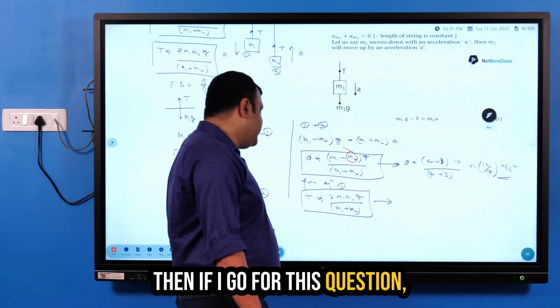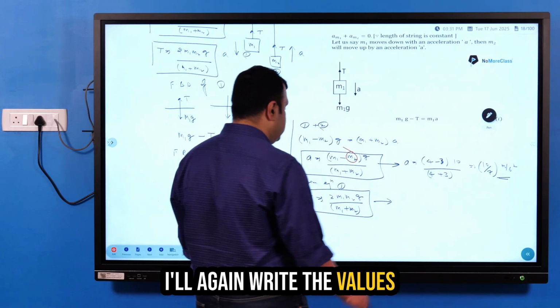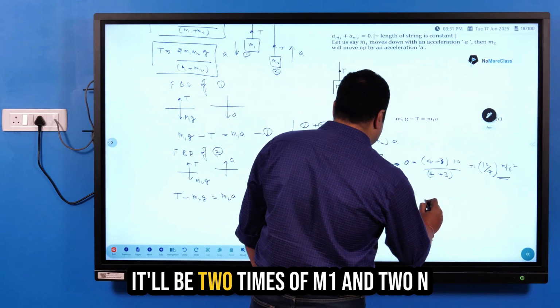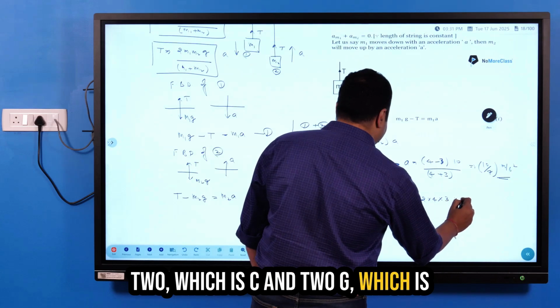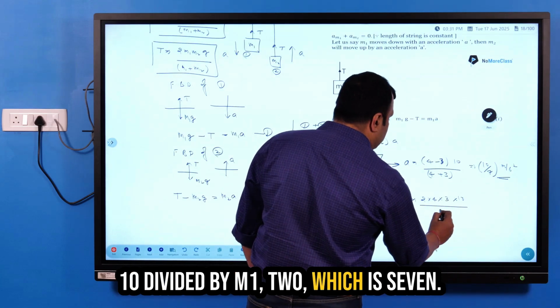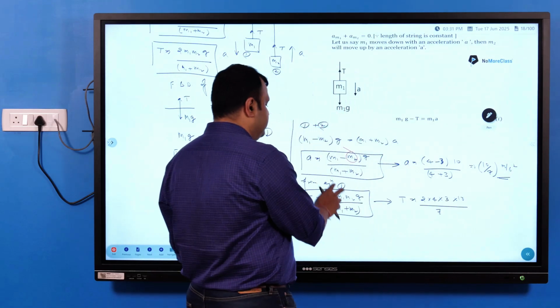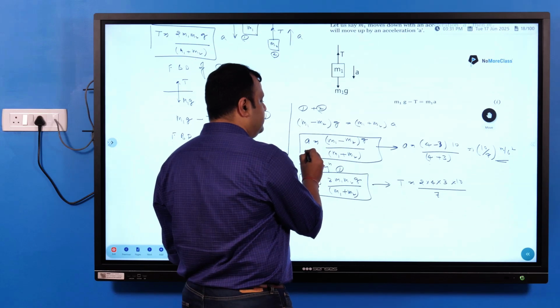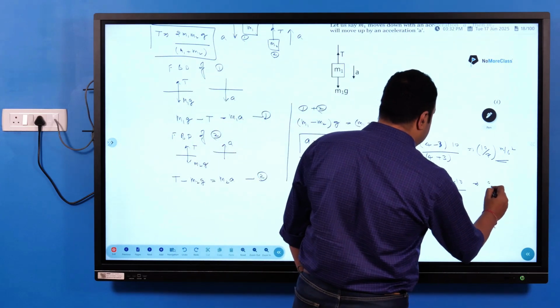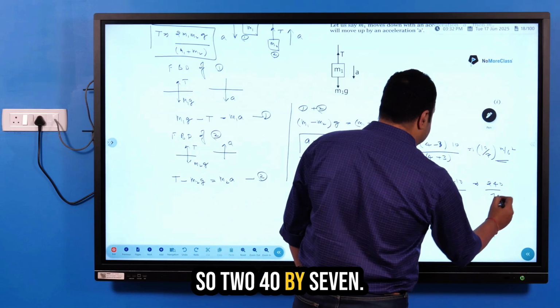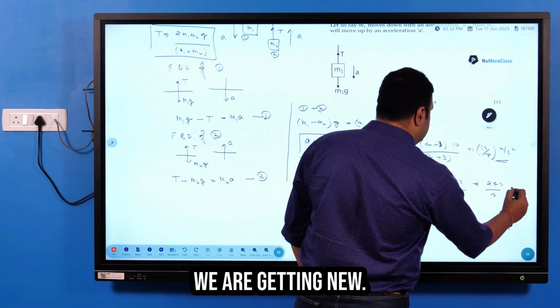Then for the tension, I'll again write the values. It will be 2 times M1, which is 4, into M2, which is 3, into G, which is 10, divided by M1 plus M2, which is 7. So 240 by 7, we are getting in Newton.